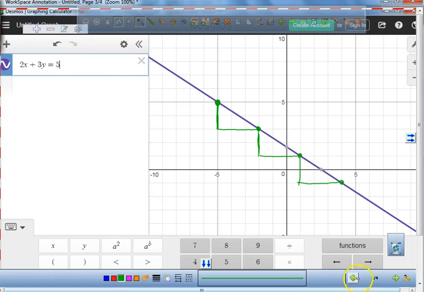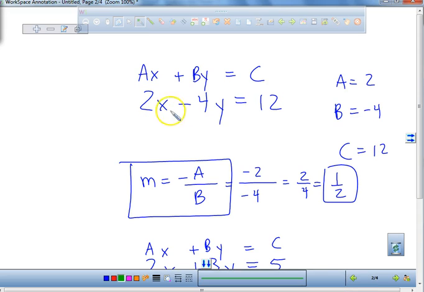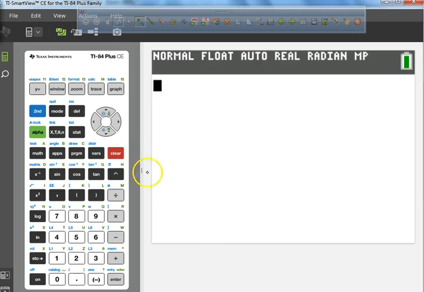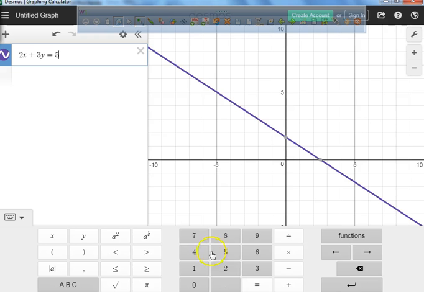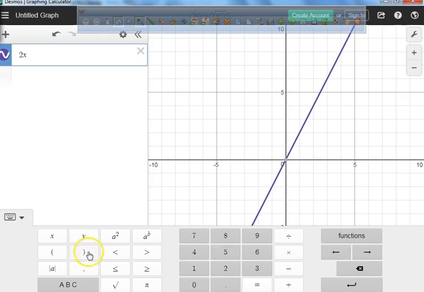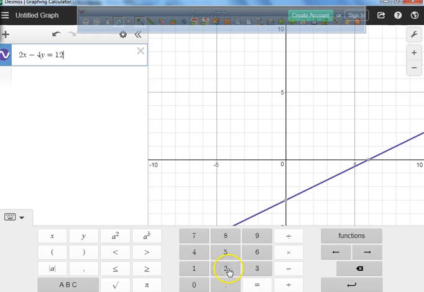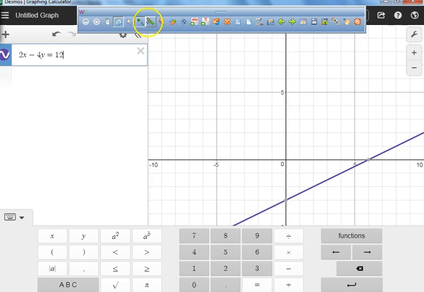Let me go back to our other example here. It was 2x minus 4y equals 12. I'm going to type that one in really quick. Now, what did I say this slope was?